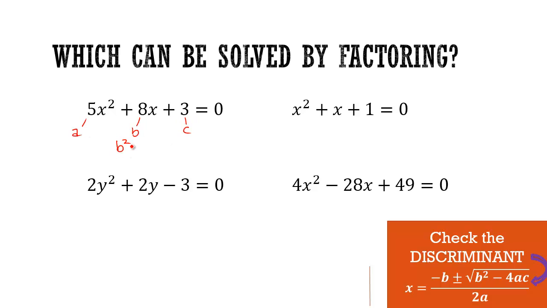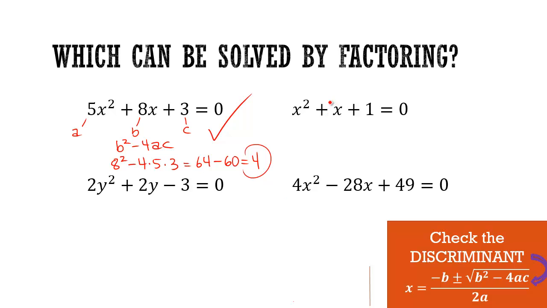So b squared minus 4ac, which is under the root, will be 8 squared minus 4 times 5 times 3. So if you do that, you get 64 minus 60, which is 4. So what does that tell us? Well, when you take a root of 4, it's a perfect square, it's going to be a nice number. So that's going to mean that, yes, this is factorable.